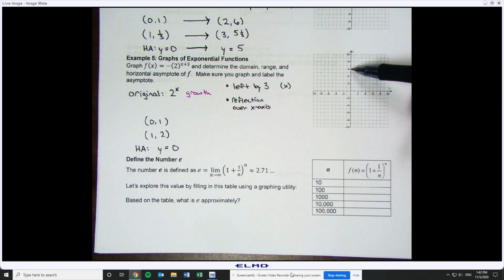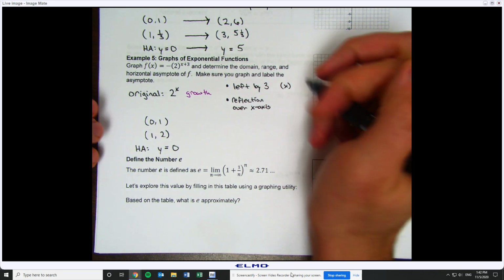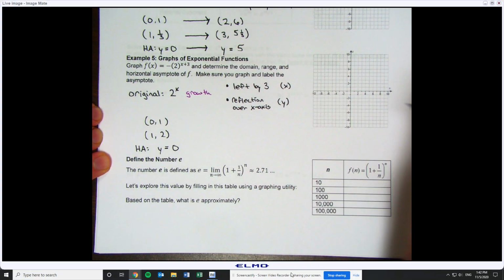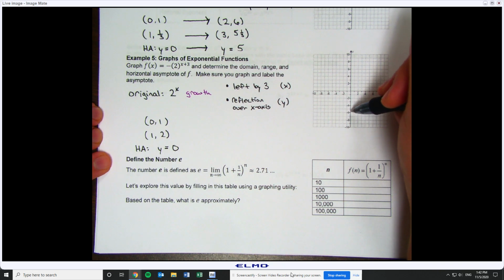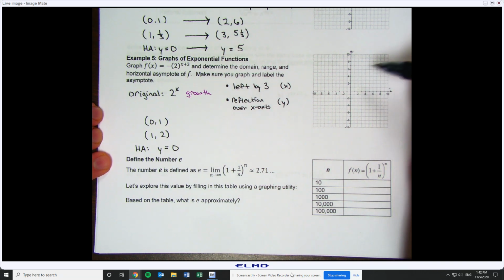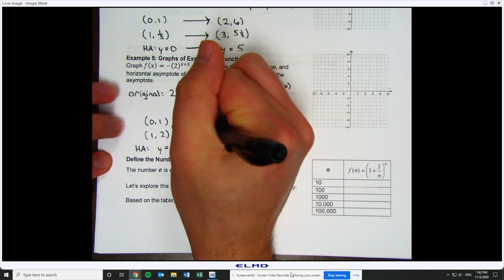So I change from here down to here. That's a change in y. So I take a positive y value and make it negative. Or a negative y value, say negative 4, I reflect it, it becomes positive 4. That's a change in y. Be very careful about that.